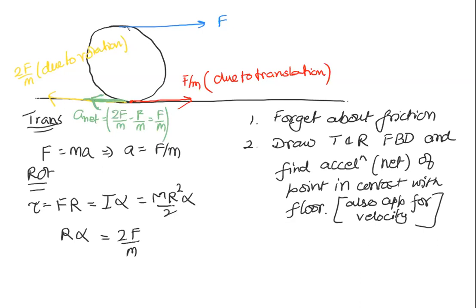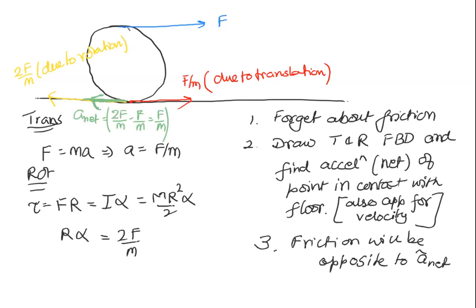And then you can say that friction is opposite to A net. So since A net is in the backward direction, we will find that friction is in the forward direction.